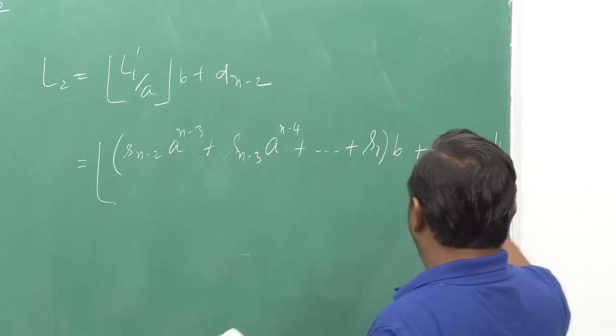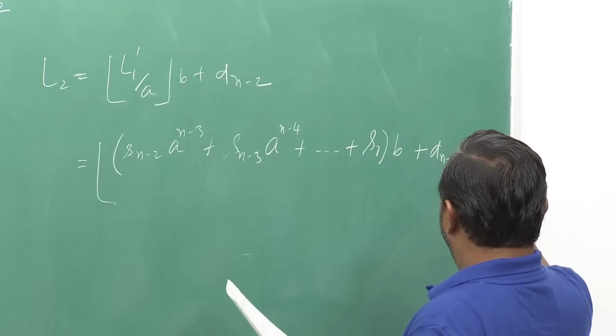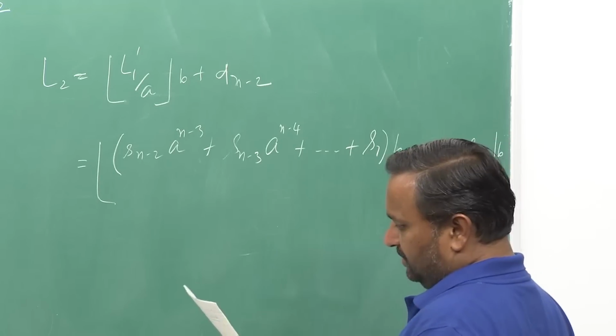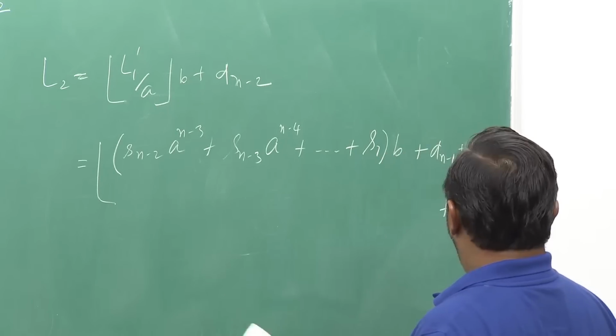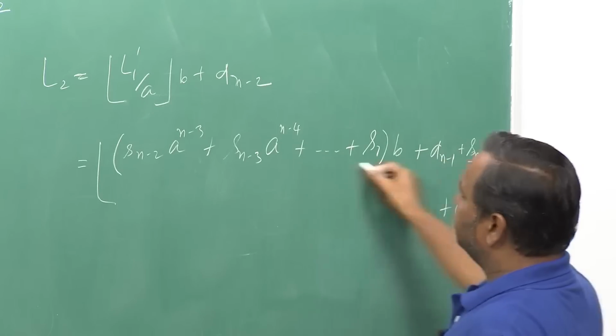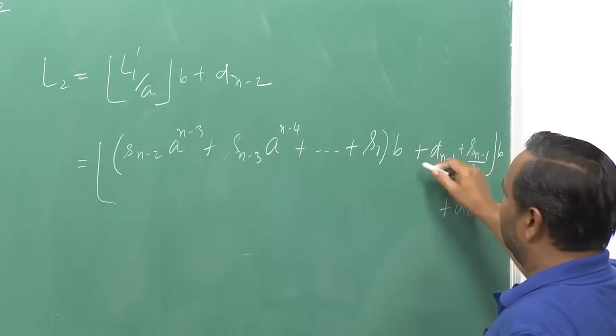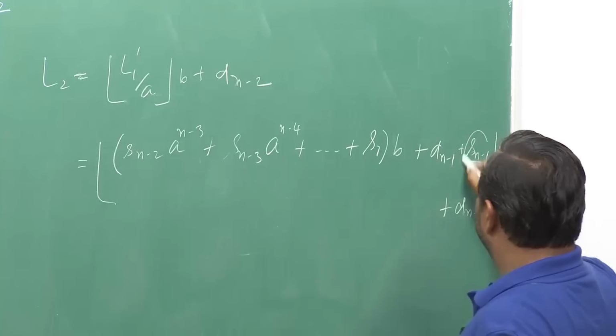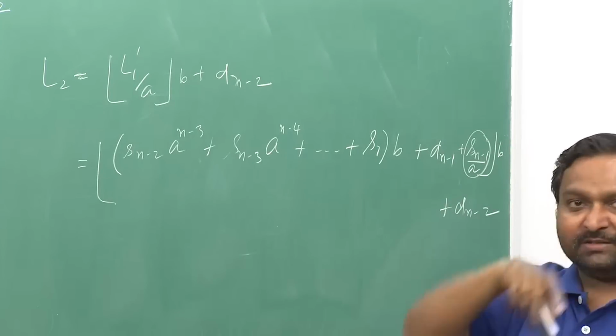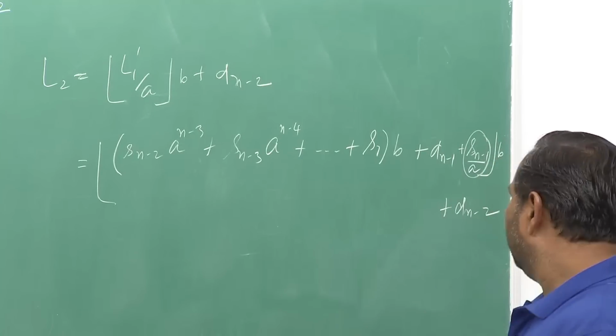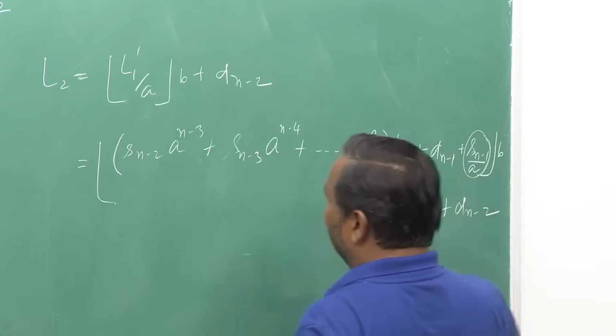So, I have already divided by A all throughout. So, this A is gone, Sn minus 1 by A will be here. Now, all these terms are actually greater than 1, they will all become integer, only this one is a fraction. Sn minus 1 can take maximum of A minus 1 value. So, when I take floor function, this will be going out.